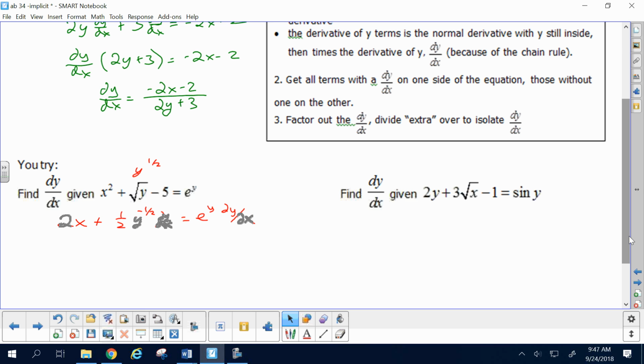First step there, check that you differentiated each term correctly.